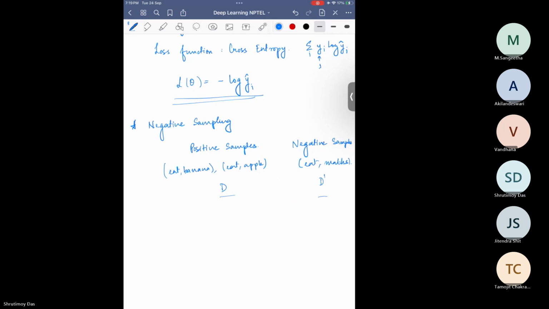What we want is, if two words occur together, we want some score to be very high for them, and if two words do not occur together, we want their score to be very low.